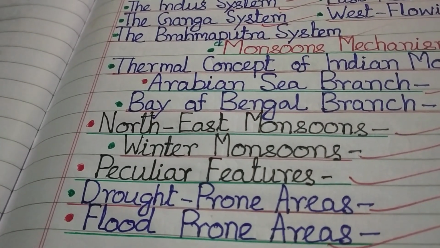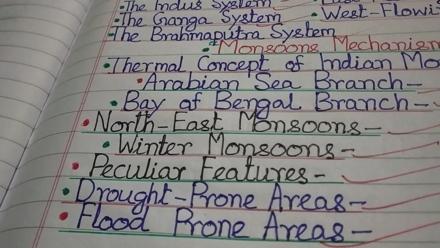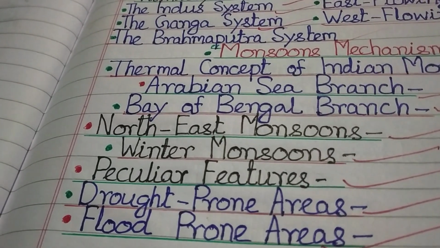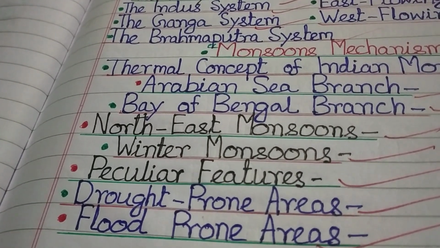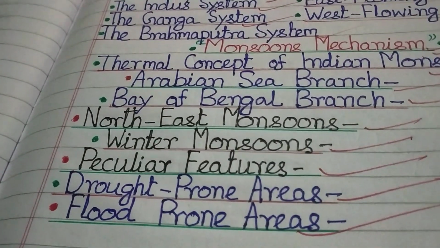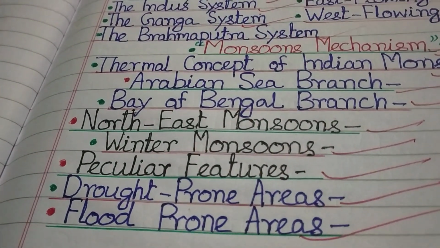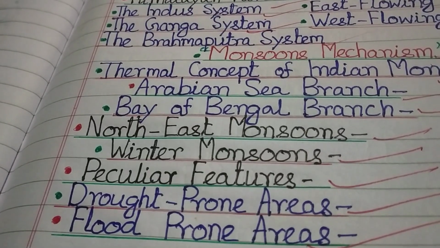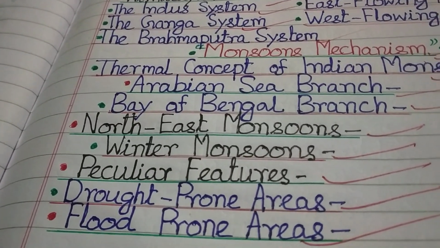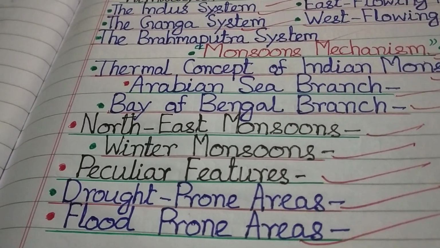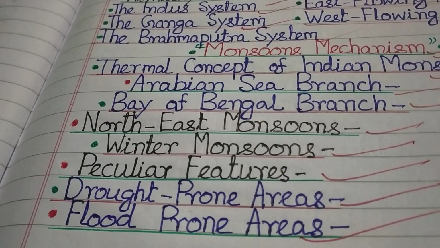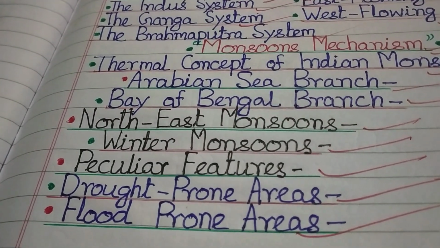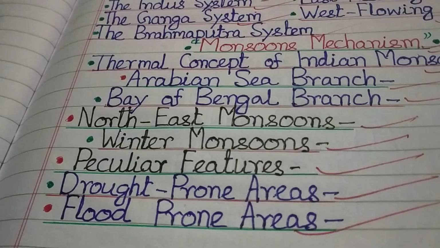The southwest winds now approaching the Indian peninsula have to travel a long distance over the Indian Ocean. During their long journey, these winds pick up large amounts of moisture, and by the time they reach India, they are oversaturated.